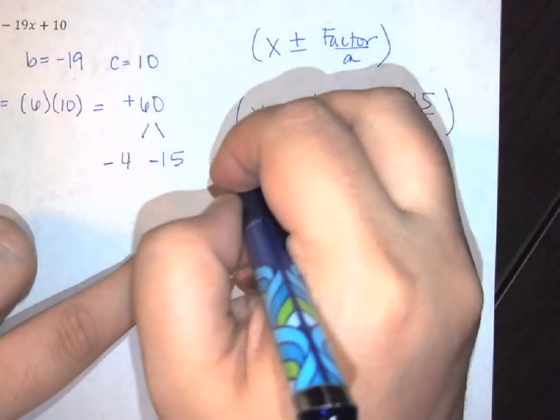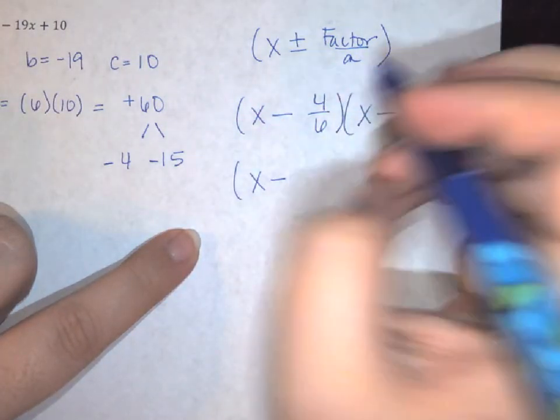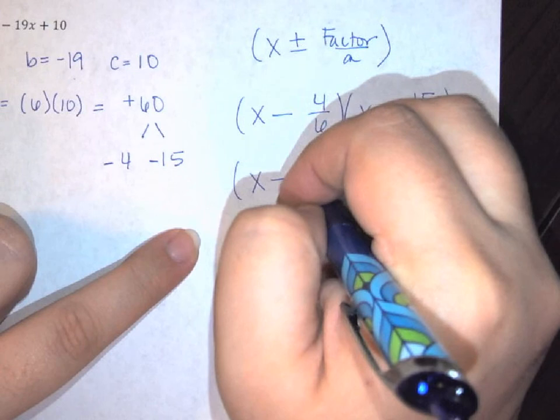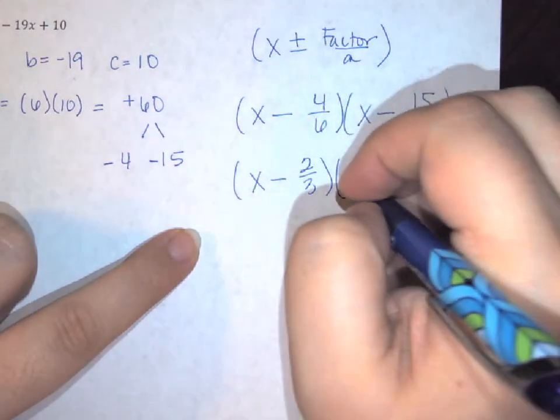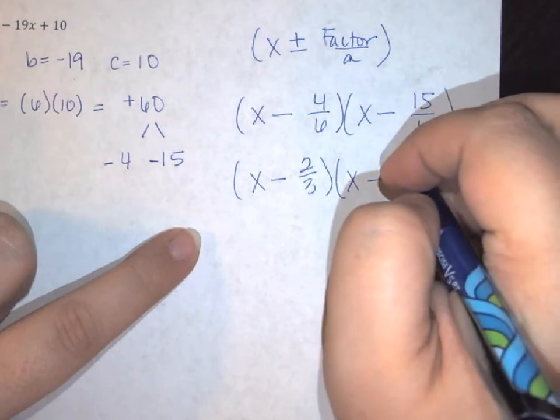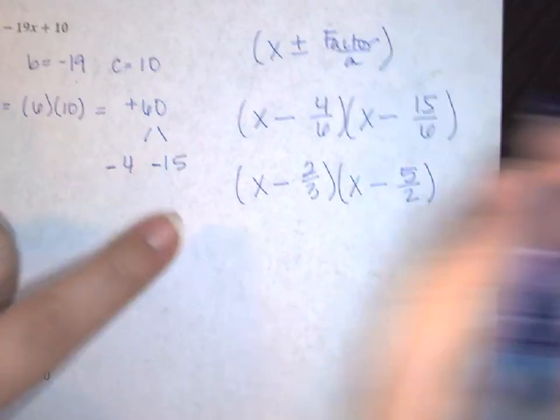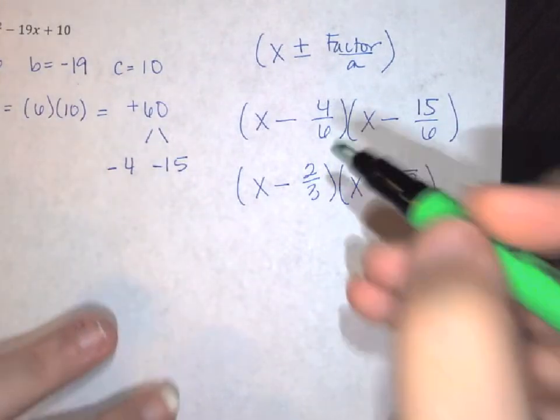Reduce your fractions. This is x minus, I can divide top and bottom by 2, so this becomes 2 over 3. And I have x minus, I can divide top and bottom here by 3, so this becomes 5 over 2. Again, I need to do bottoms up.